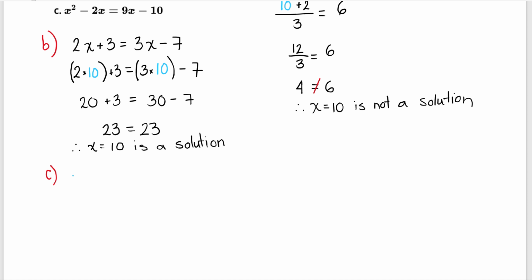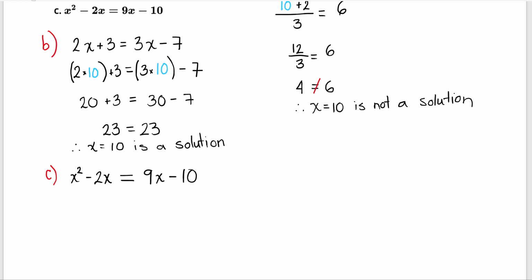I'm actually going to copy it first because I'm modeling what I want you to do. I want you to copy it first: x squared, take away 2x equals 9x, take away 10.